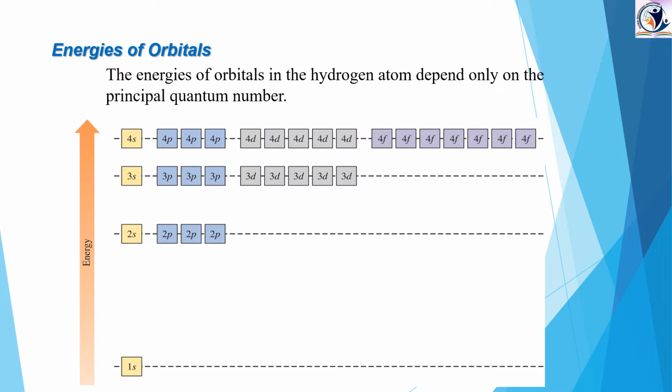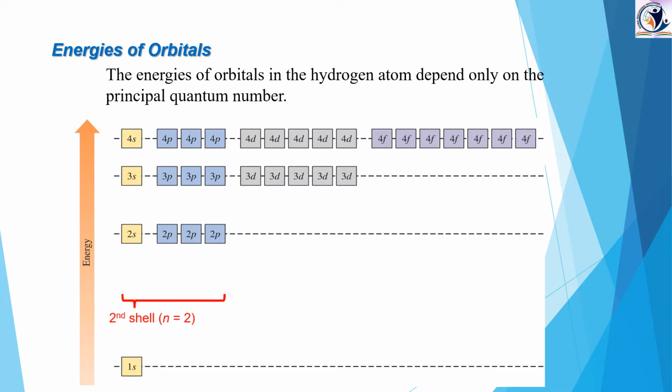So let us look at the energies of the orbitals now. Of course, 1s is where n is equal to 1. This has only one atomic orbital, that is 1s. In the second shell, n is equal to 2, there are two subshells, one is s and another is p.